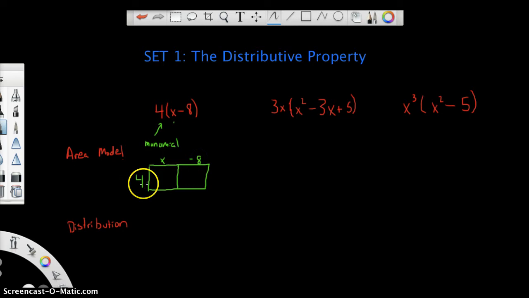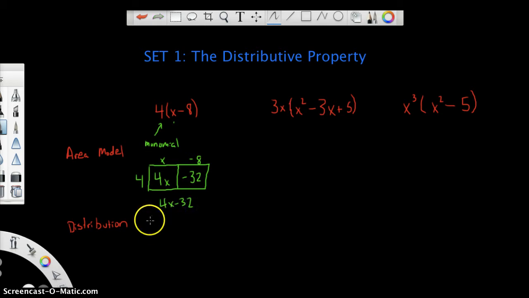Now we're going to multiply, because to find area, we multiply width by length. So 4 times x is just 4x, and 4 times -8 is -32. So that simplifies to 4x take away 32.